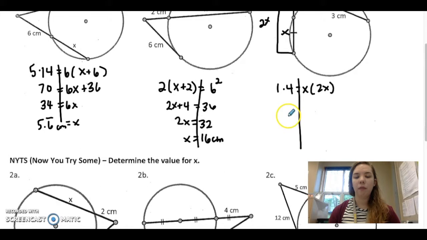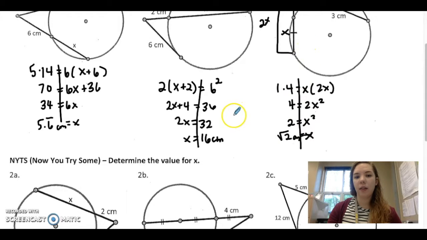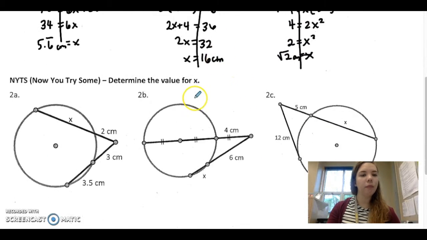So this would be 4 equals 2x squared. So the square root of 2 centimeters equals x. And this is exact form, so I'm going to go ahead and leave it this way. And if asked for you to round it, you could do that. But I'm going to leave it in exact form.